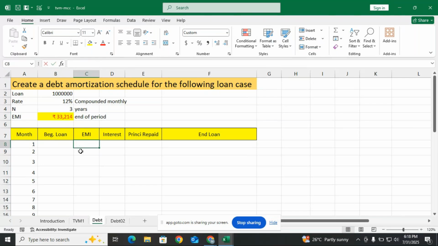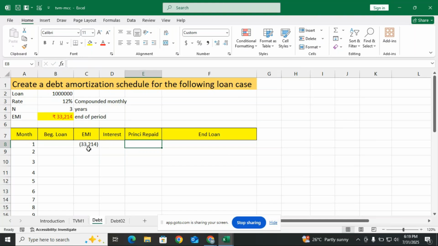So I'll be taking it like this. But if I have to calculate the principal repaid, I have to subtract the interest from the EMI to calculate the actual principal repaid.